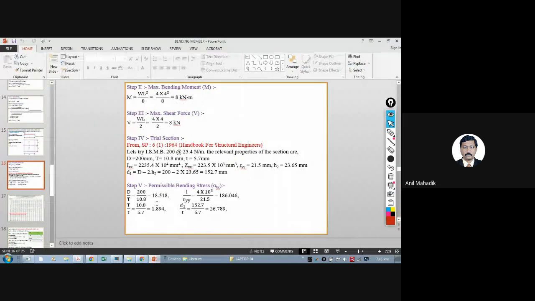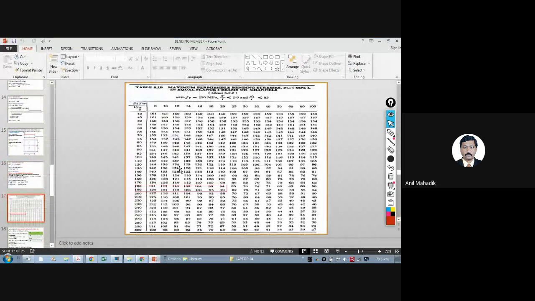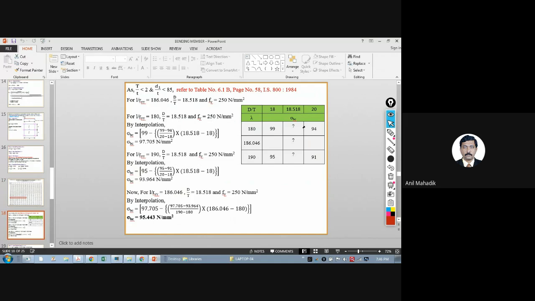So let's go into this table. Here it is between 18 and 20, and 186 is between 180 and 190.